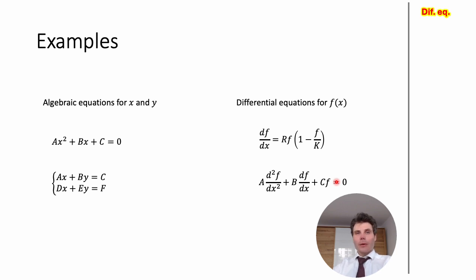And why do these equations appear? Well, because for lots of natural processes, it is either deduced theoretically or measured experimentally that there are mathematical expressions that link the velocity of this process to the state of the process itself. So if f is the size of a population of certain animals or cells or some other proliferating material, the rate of its proliferation, which is denoted as the derivative of this function over time, is linked mathematically to the instant value of this variable.